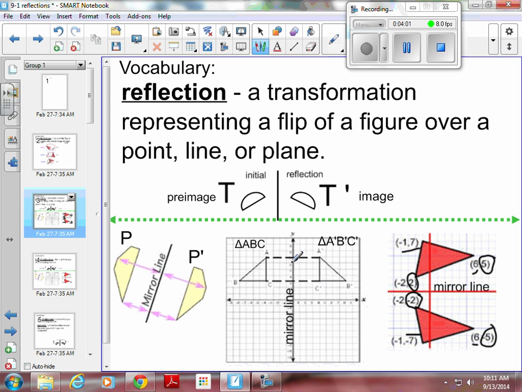On this one, this is 1, 2, 3, 4, and 1, 2, 3, 4, 5, 6, 7. That A is 7, 4 on this side. So when you flip across the y-axis, our mirror line is the y-axis. That is still going to be 7 high.